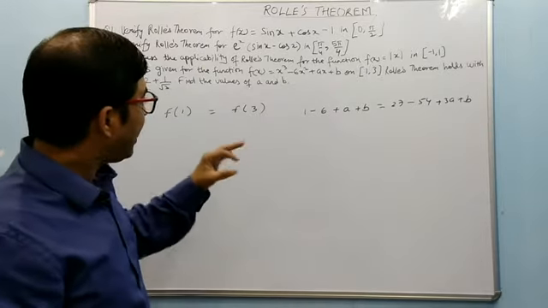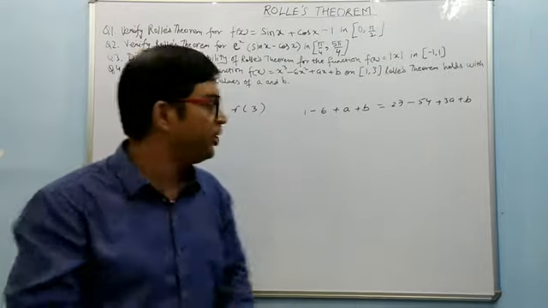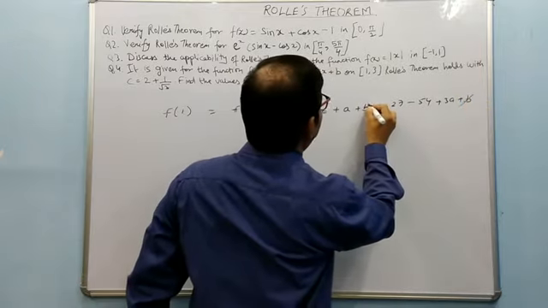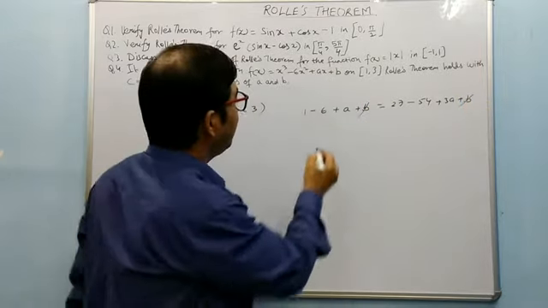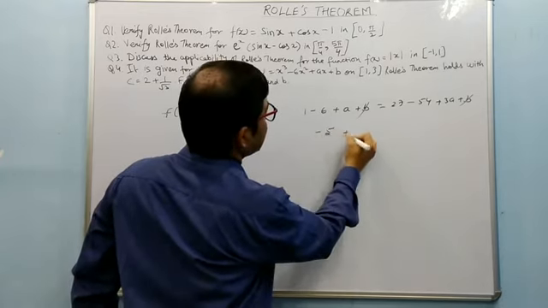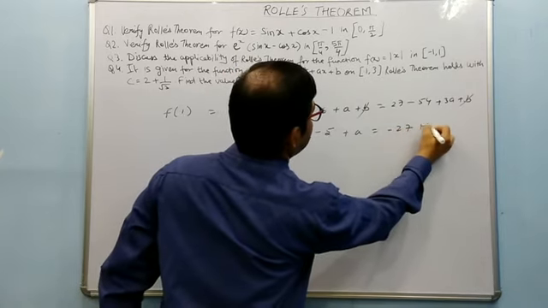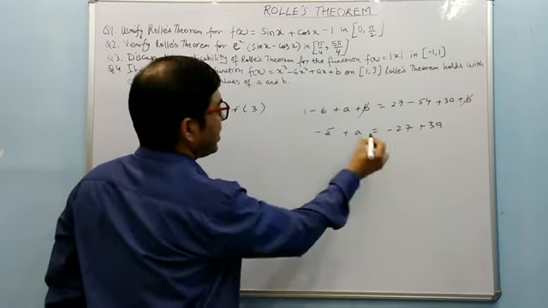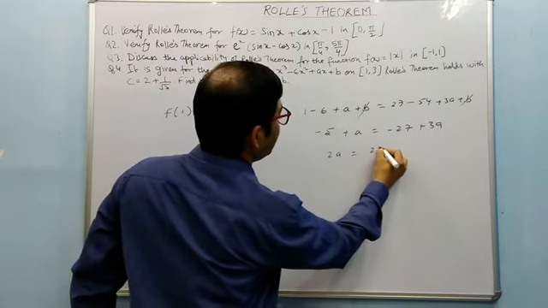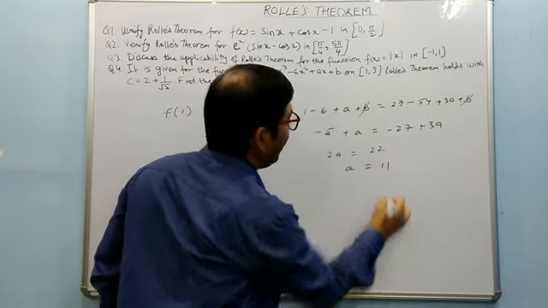So we can get the value of a and b from the given conditions. You see here that b is cancelled out. We will get the value of a. This is coming out to be -5 plus a is equal to -27 plus 3a. So it is coming out to be 2a is equal to 22. So a is coming out to be 11.